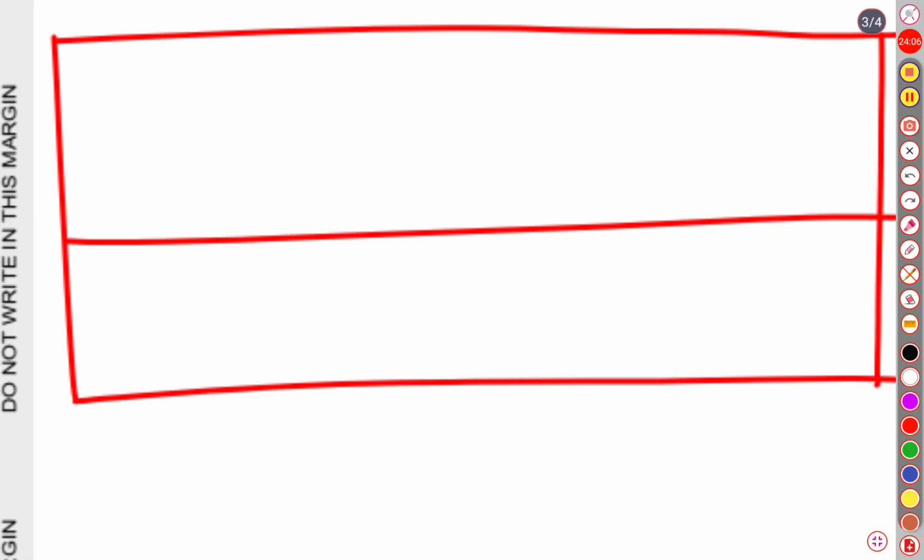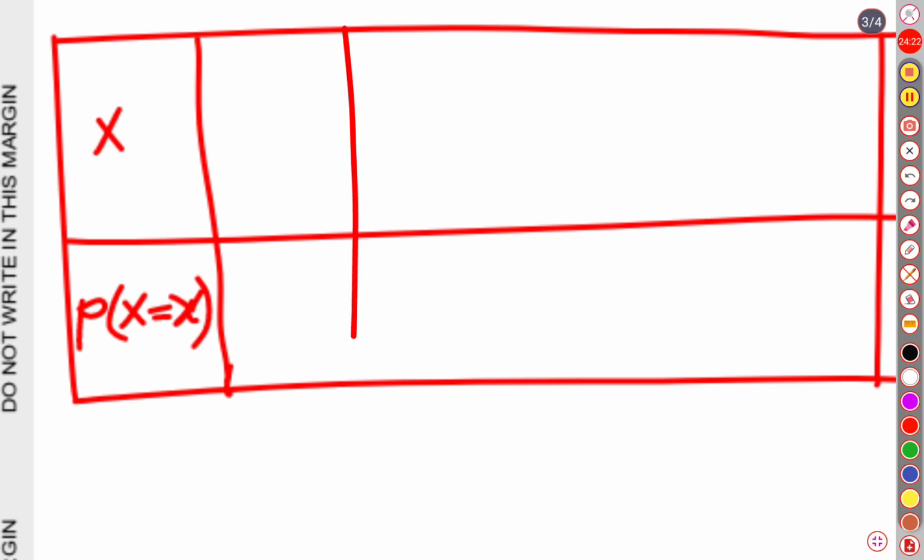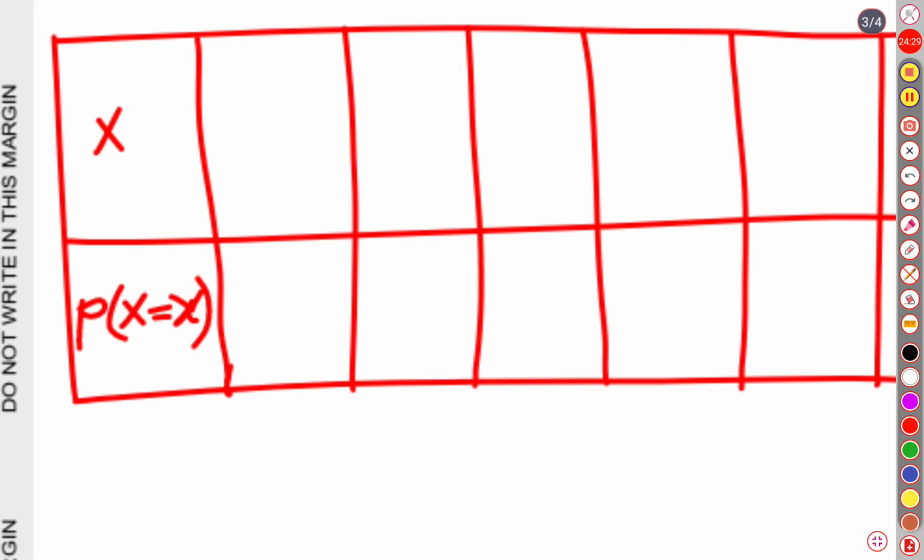So the first row is x, and the second row is for x equal to x, meaning score. Let it be written with lowercase x. So 1, 2, 3, 4, as well as 6.